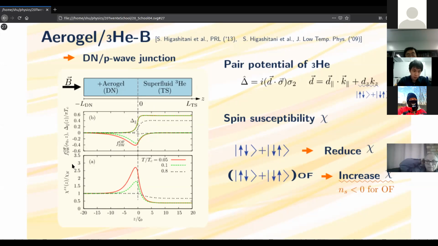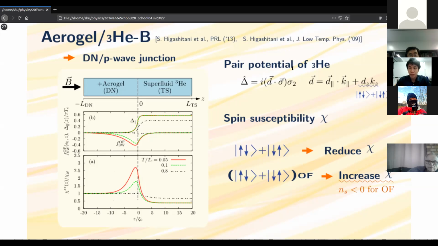And this is the spin susceptibility. In the bulk, the spin susceptibility is reduced. However, at the surface, the spin susceptibility is greatly enhanced. This behavior can be understood by the negative pair density of the odd frequency pairs.